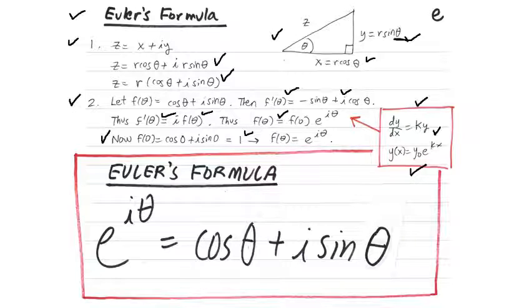So plugging in that initial value, we get f of theta is e to the i theta. So the function that we started off with, the angular part of our expression for any complex number, cosine theta plus i sine theta, that short derivation shows that that expression is always equal to e to the i theta.